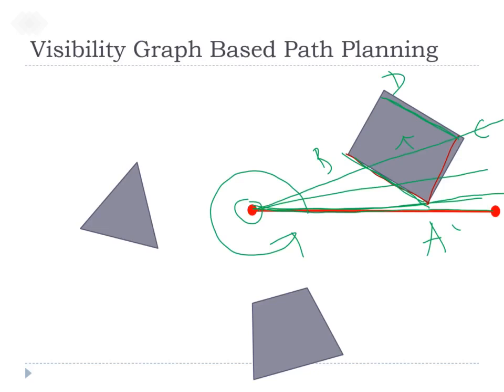So in this way, in the rotational plane sweep algorithm, what we do is that we move the sensor in all the directions through an angle of 360 degrees and look for the vertices of those obstacles which are hitting the line of sight, and those vertices will be such that there will be some edges incident on them, and those edges will be responsible for obstructing the visibility of the robot.